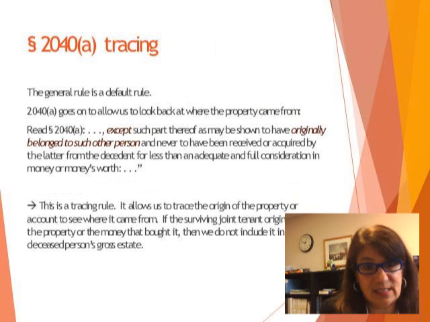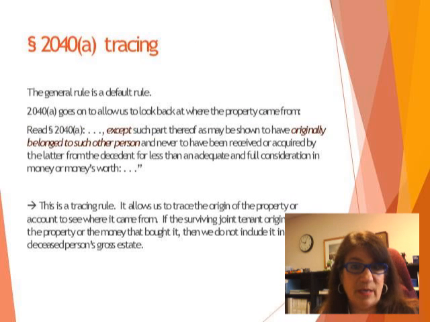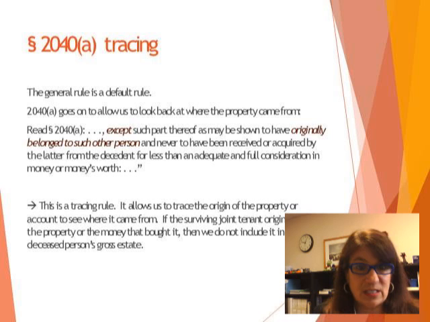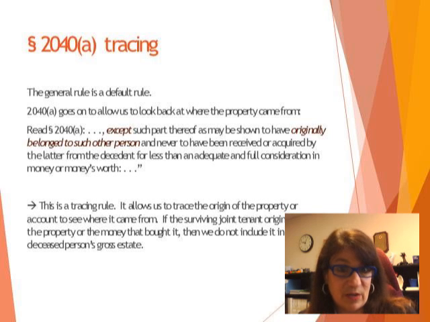But there's that second part, except such part as may be shown to have originally belonged to such other person. That's the other joint tenant. This is a tracing rule. It lets us look back and say, where did it come from? How did they come to own it as joint tenants? Did the surviving joint tenant originally own it and give the other person a half of it?